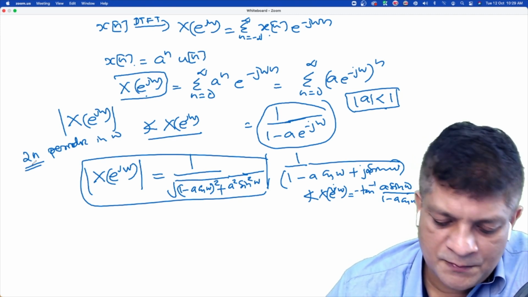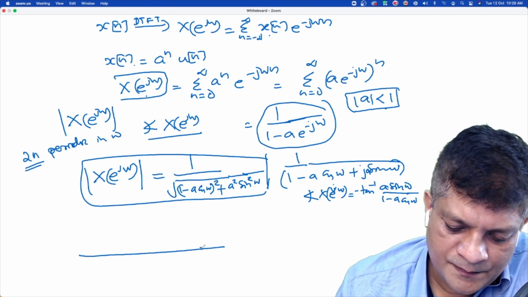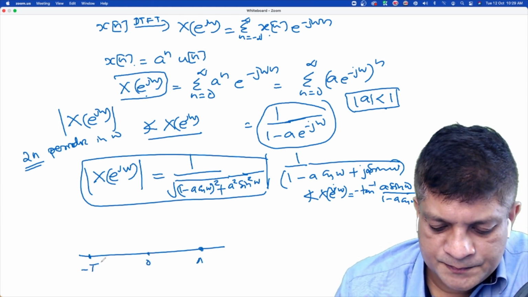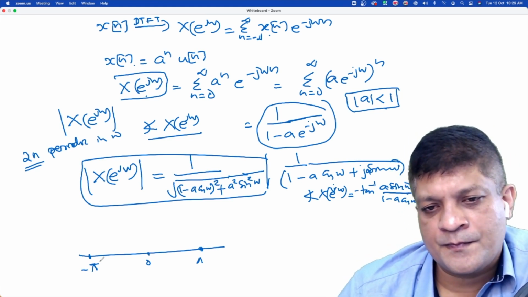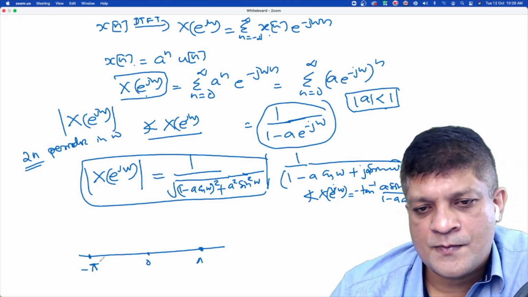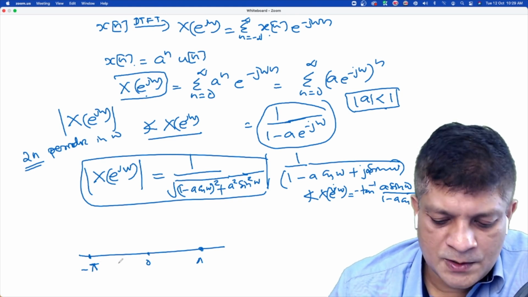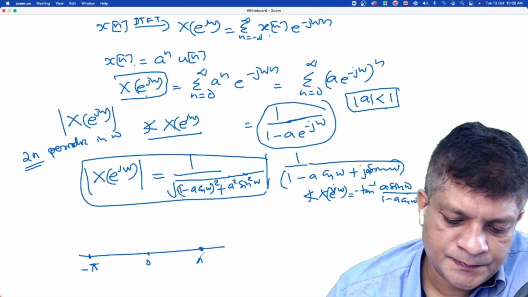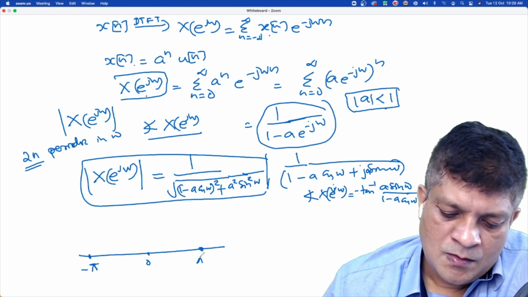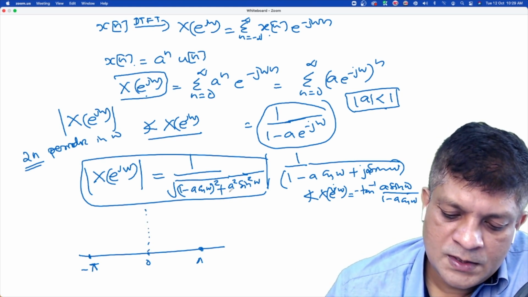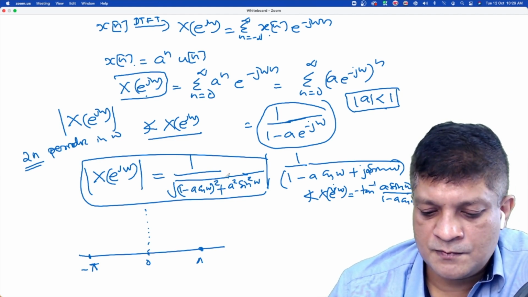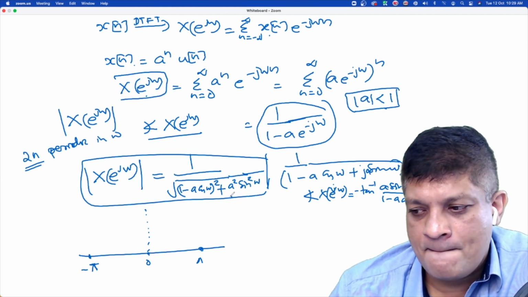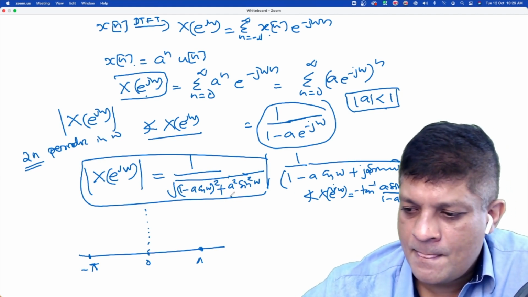Generally what we do is we sketch it in the interval minus pi to pi, because it is periodic, that pattern repeats. Is mod X(e^{jω}) an even function or odd function? Even. It is an even function.